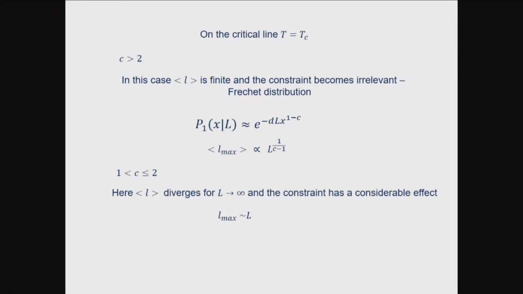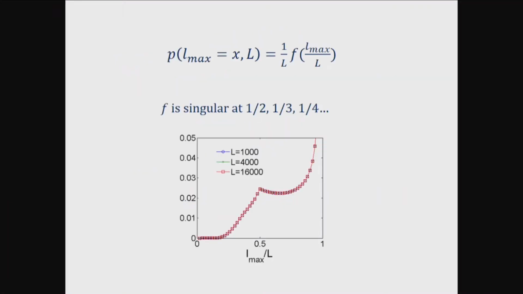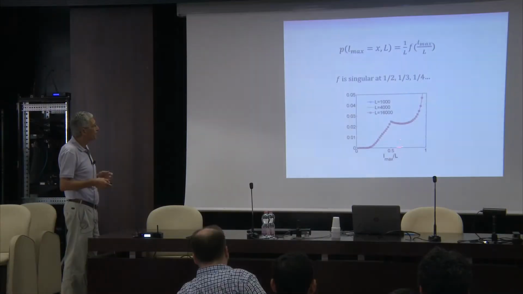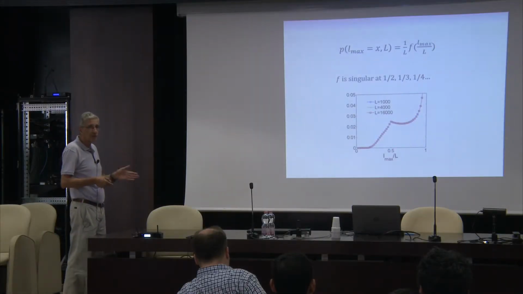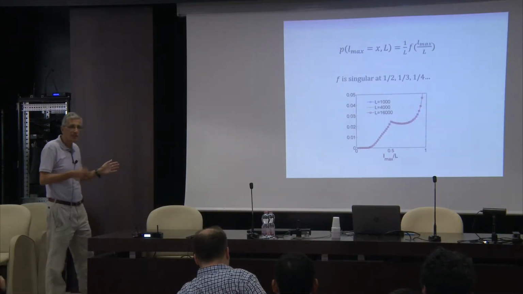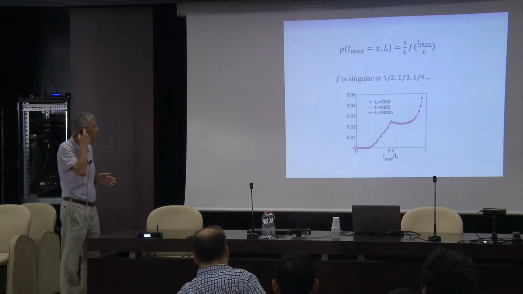It turns out that L max is going to behave proportionally to capital L, and if you calculate the probability of L max equal to x, it turns out that it's a function with multiple singularities, a function of L max over L at a half, a third, a quarter, etc. And the reason for that is, again, very clear.